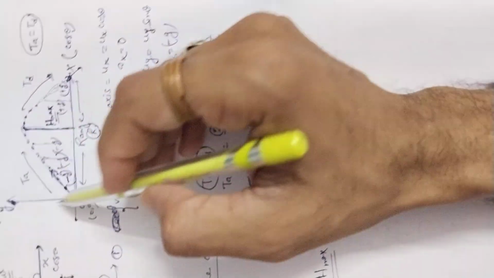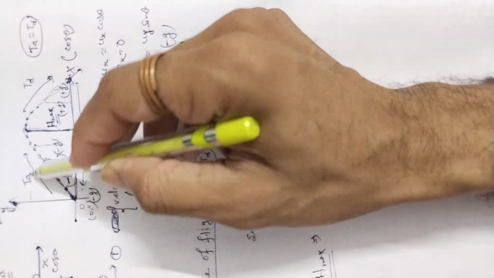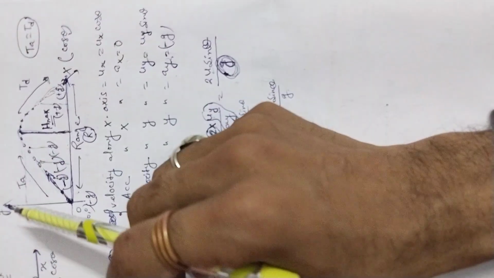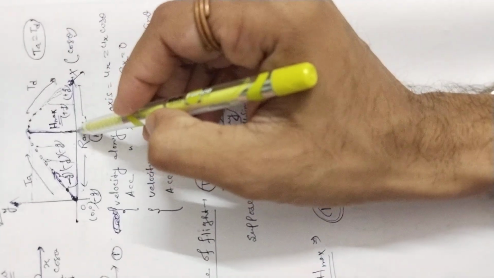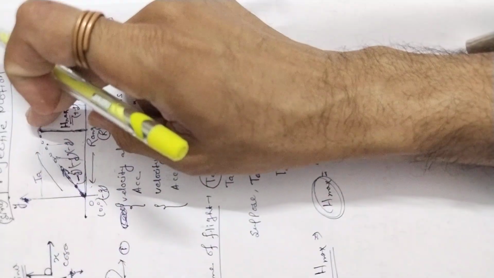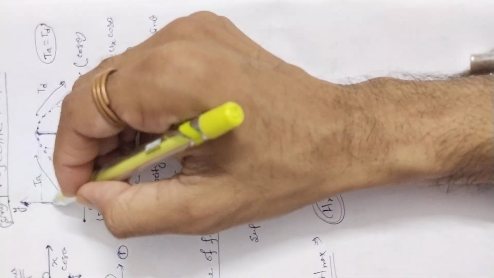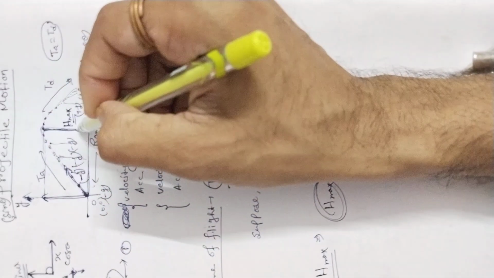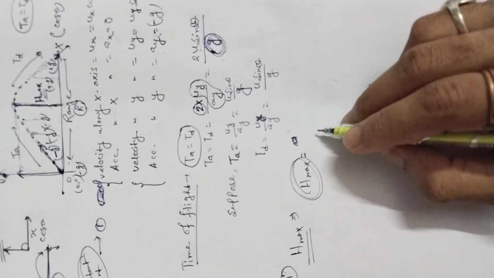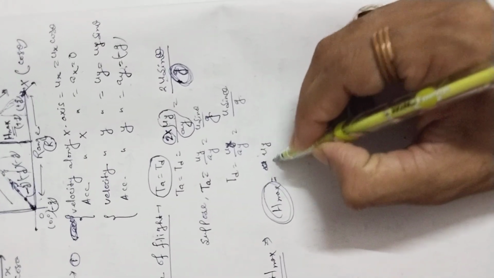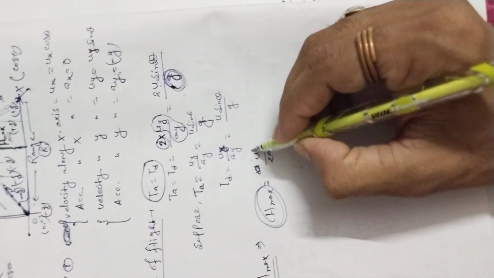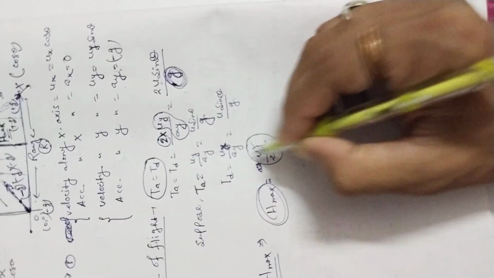So maximum height along the y-axis is here, and along the x-axis is here, but in the x-axis also we measure from the x-axis, but it is along the y-axis over here, it is the same distance. So what is h max? uy square by 2ay.